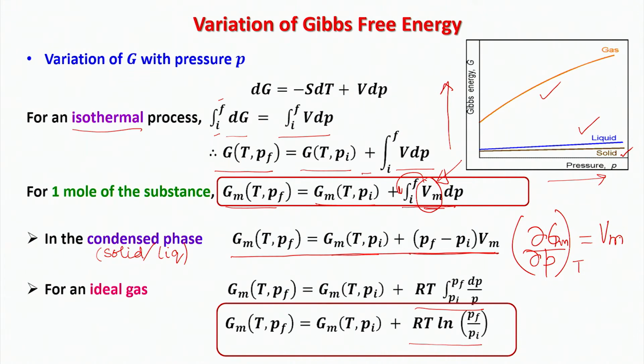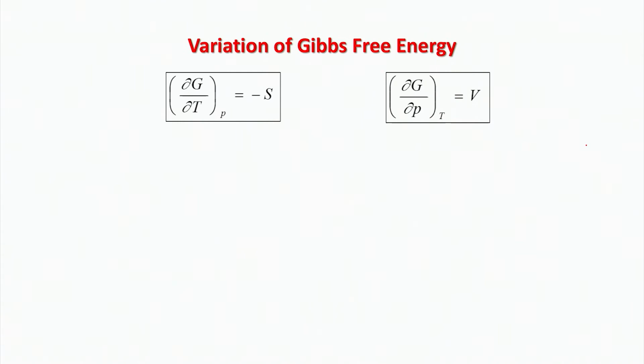And therefore, for a given substance, if at a given temperature it is in the gas phase, Vm has the largest value, and therefore the variation of Gibbs free energy with pressure at that temperature will have the largest positive slope. And of course, the molar volume of the solid is going to be the least, and that is the reason why you see that the variation of solid is only very little, and it is the lowest amongst the 3 phases that you see here.